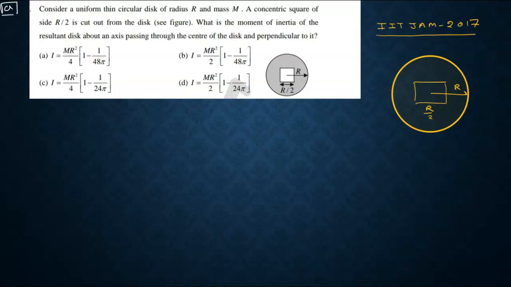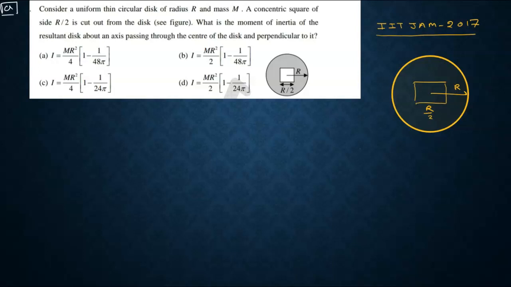So this is our next question, and it is from JAM 2017, and here we are asked: consider a uniform thin circular disk of radius r and mass m, and a concentric square of side r by 2 is cut out from the disk.